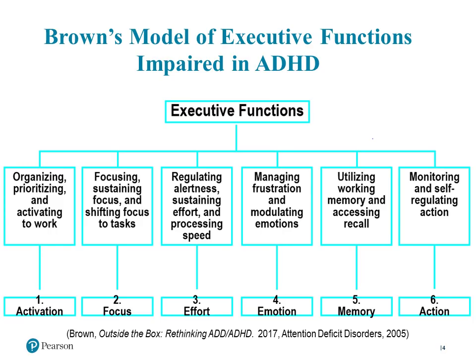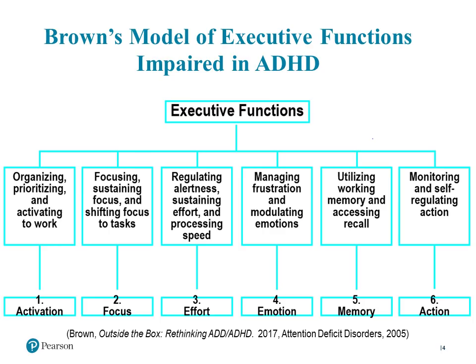You can see here that there are 6 clusters. And each of these ought to be thought of not as a unitary variable where it's all one thing, but rather as labels on baskets of related cognitive functions. Organizing, prioritizing, and getting started to work. Focusing, sustaining focus, and then shifting focus when you need to.